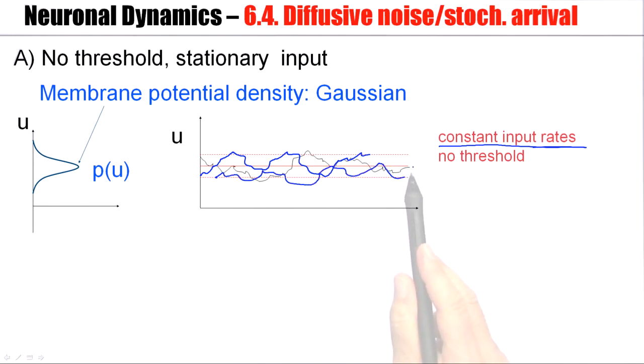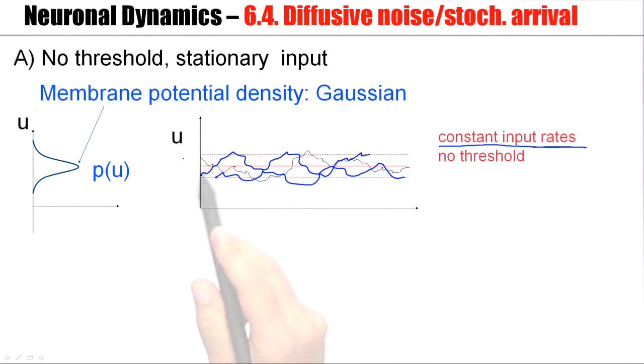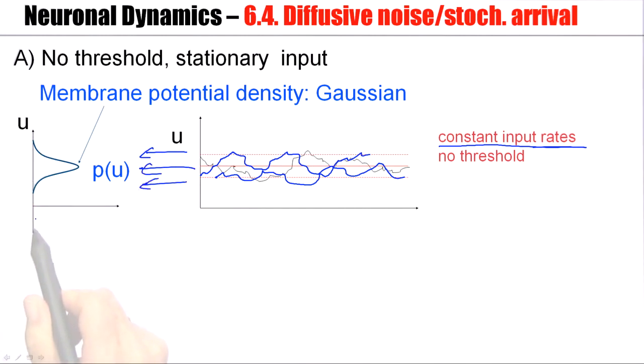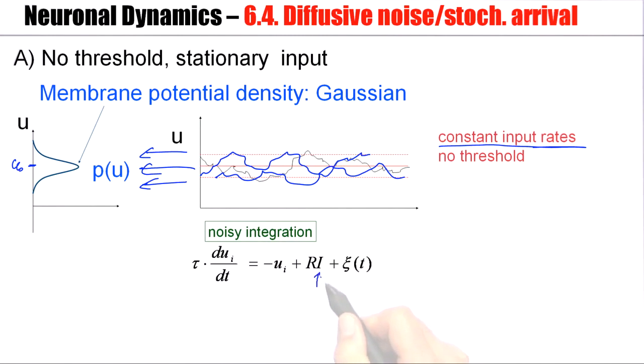But if I project the trajectory out onto the vertical voltage axis, I find a distribution, and this mean value, u0, is constant because the input is stationary. So, for constant input, this mean value, u0, would just be r times I0, and the width of this Gaussian distribution is controlled by the amplitude of the noise signal here.